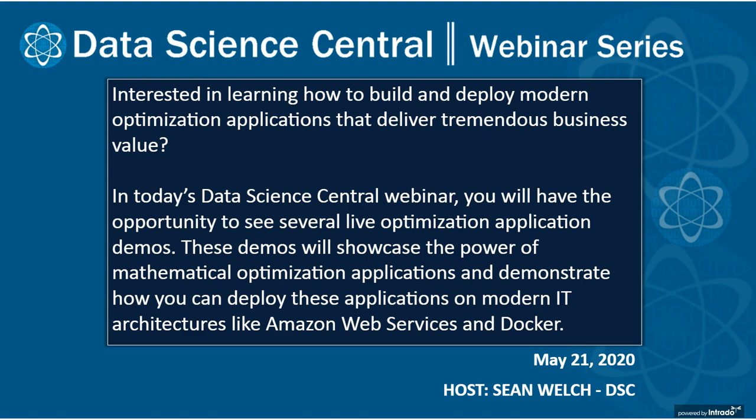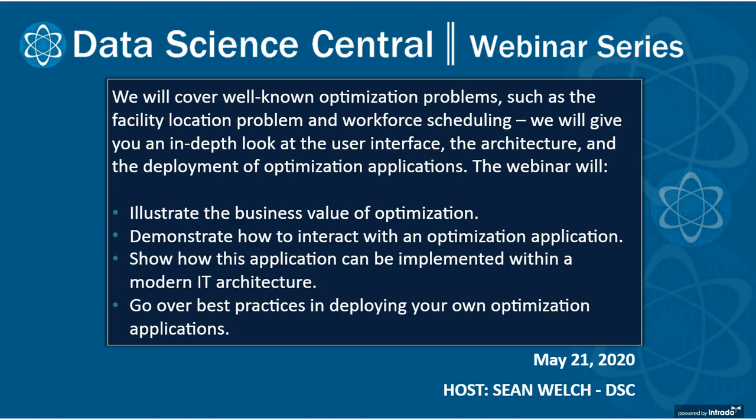Interested in learning how to build and deploy modern optimization applications that deliver tremendous business value? In today's Data Science Central webinar, you will have the opportunity to see several live optimization application demos. These demos will showcase the power of mathematical optimization applications and demonstrate how you can deploy these applications on modern IT architectures like Amazon Web Services and Docker. We will cover well-known optimization problems, such as the facility location problem and workforce scheduling.